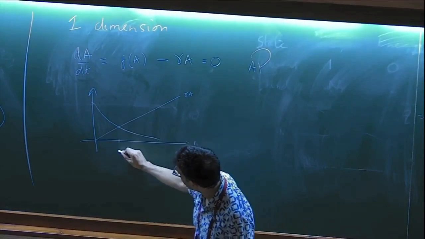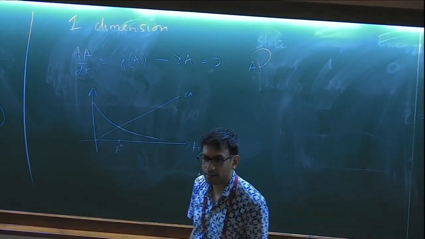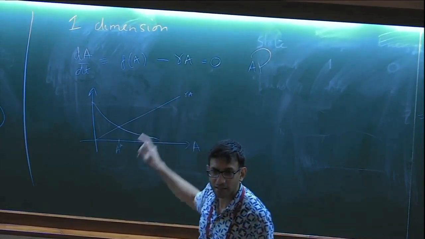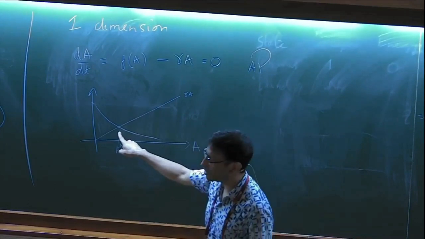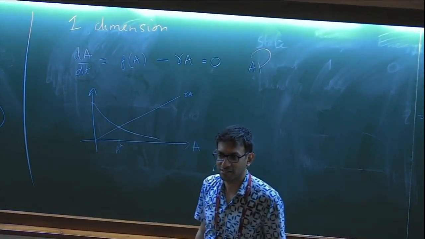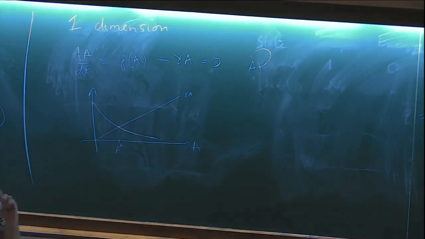So that value of A, let me call it A star, is a steady state. Why is that? The rate of production equals the rate of degradation. That's a steady state. So here, how many steady states do you have? Only one. So this certainly cannot be a bistable system because it doesn't even have two steady states.